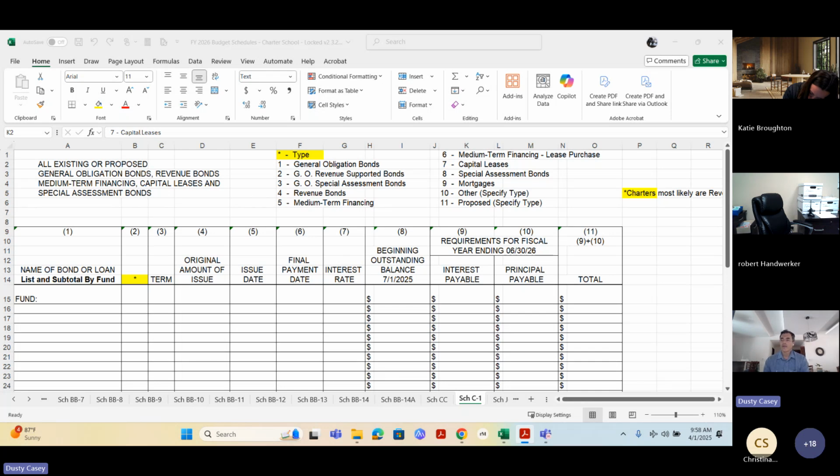The total amount entered on the schedule should agree with amounts reported in the annual independent audit report. So basically your last year audited balance on your capital leases, you're going to show that basically, and I'm assuming then it's the outstanding amounts on capital leases should be included on this schedule.